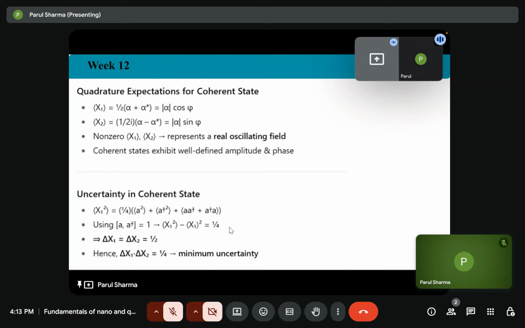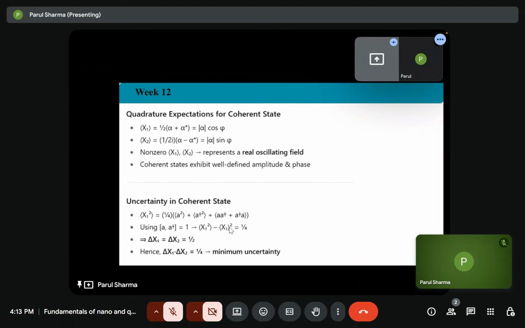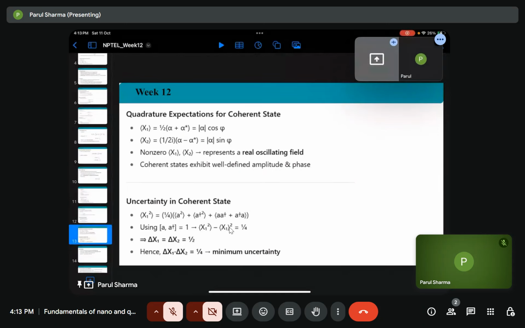So now we wrote x1 in terms of alpha: 1 by 2 (alpha plus alpha star).